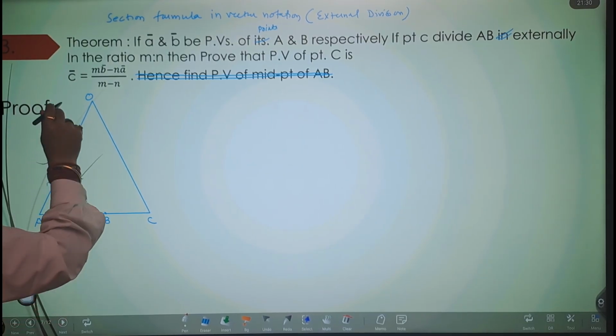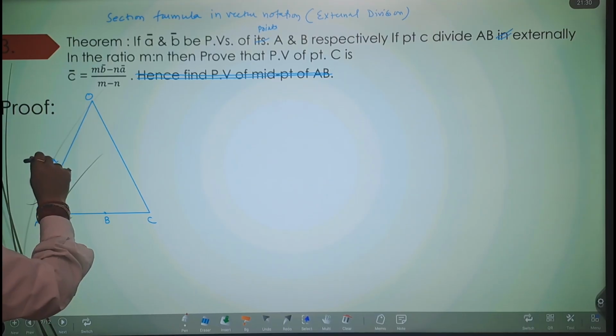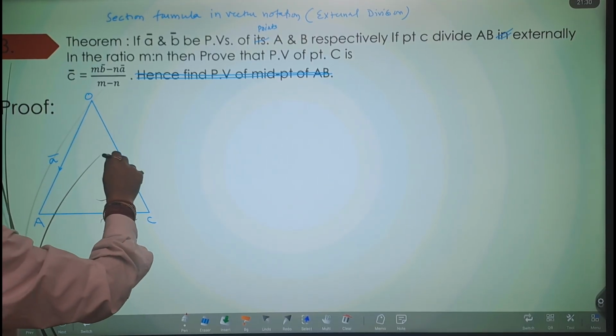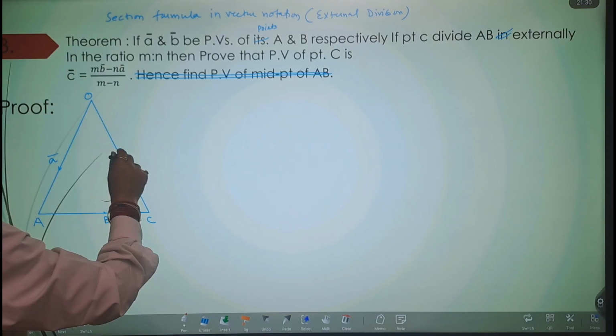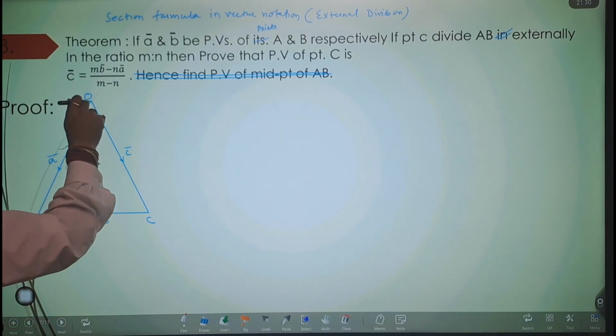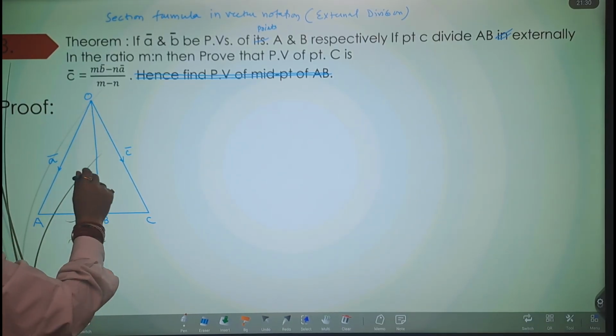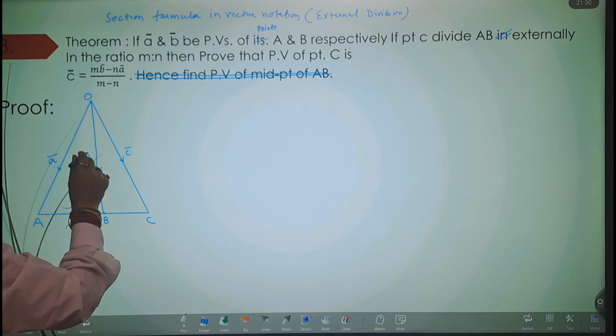Position vector of A with respect to origin is A bar. C with respect to origin is C bar. And this is B, B bar.